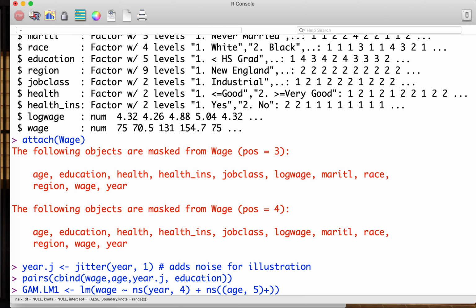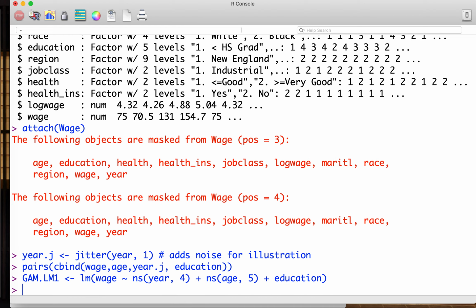Education is a categorical variable, so it doesn't make any sense to include higher order terms. So this simply fits a linear model with many coefficients: degree 4 polynomial of year and degree 5 polynomial of age.